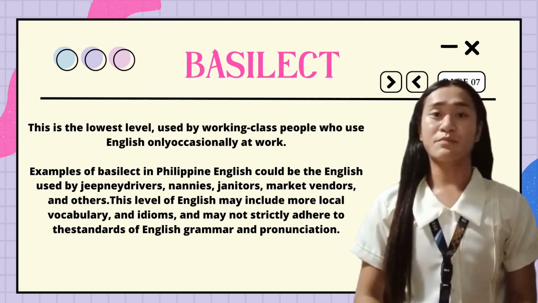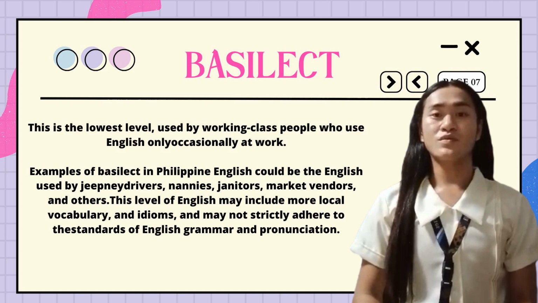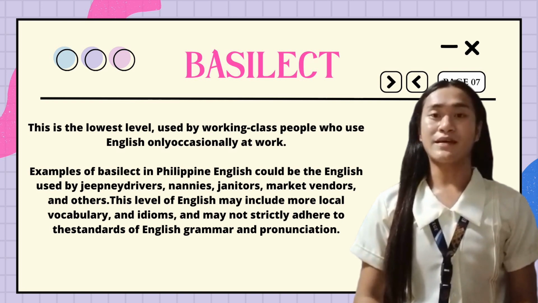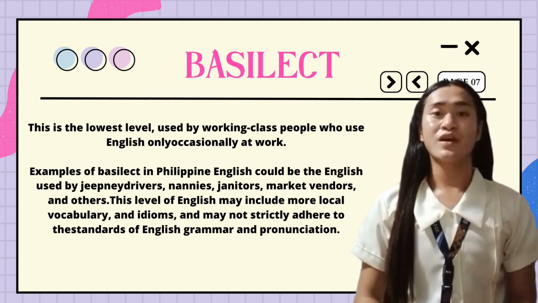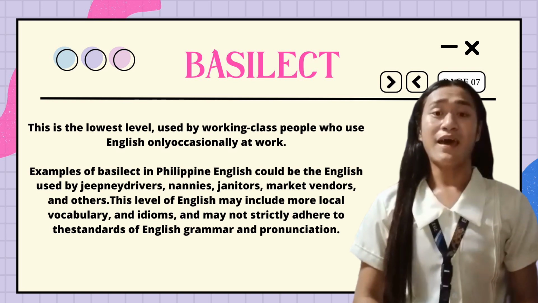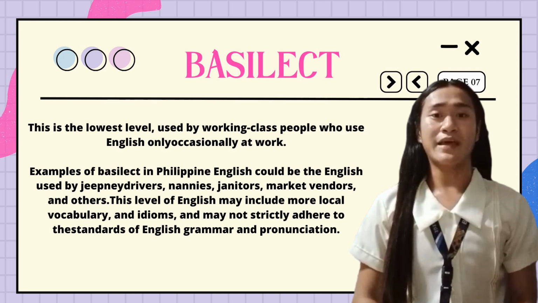And the last one is Basilic. This is the lowest level, used by working class people who use English only occasionally at work. Examples of Basilic in Philippine English could be the English used by jeepney drivers, manangs, janitors, market vendors, and others.